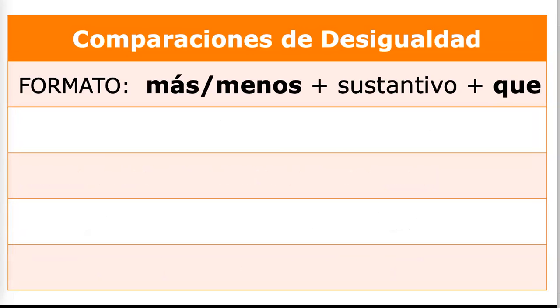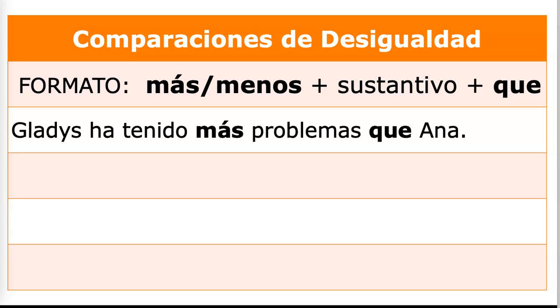Now, if we're comparing a noun, same format. Notice, unlike comparisons of equality where we had tanto, tantas, etc., here is just más or menos. Gladys ha tenido más problemas que Ana. Go ahead and translate this, and notice the verb is in the present perfect. We're using a helping verb here.